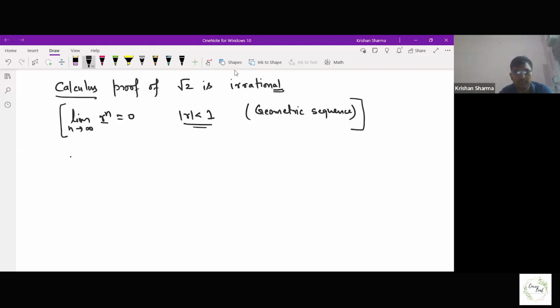So firstly, all of you know the greatest integer function. That is also defined in the 11th, 12th class. Well, what is that?